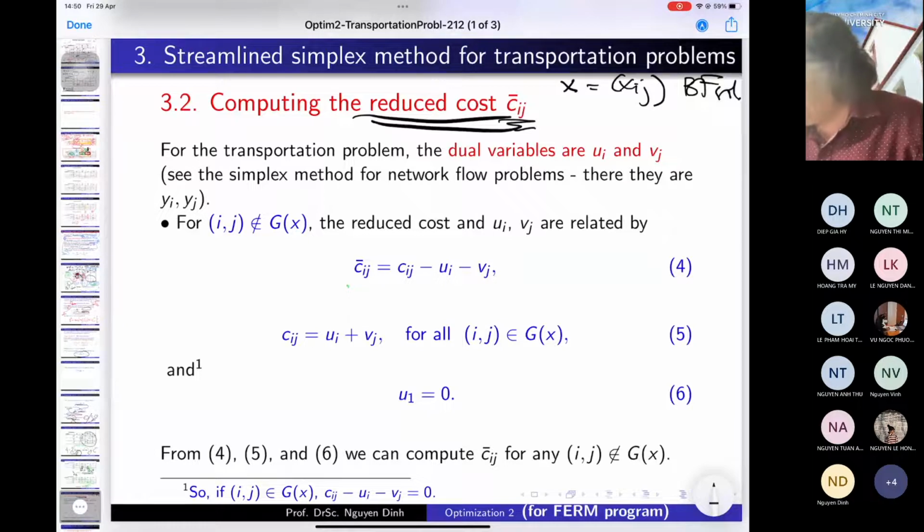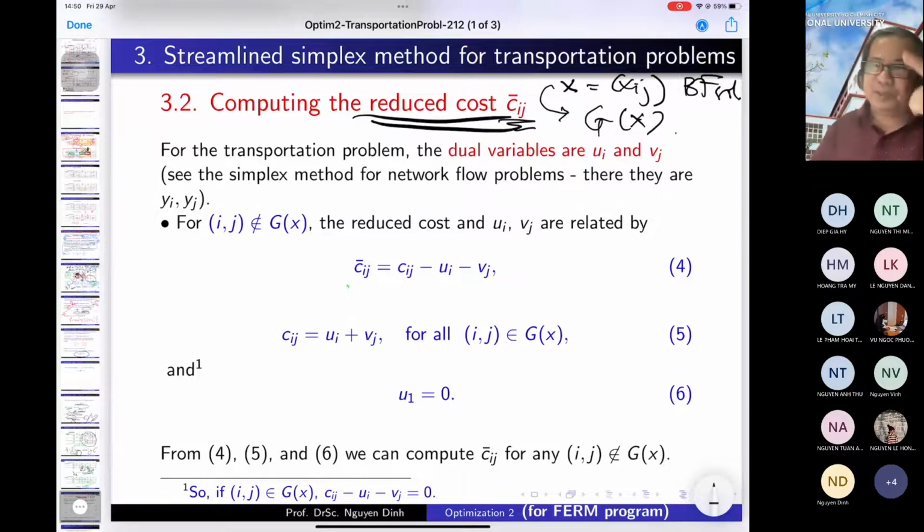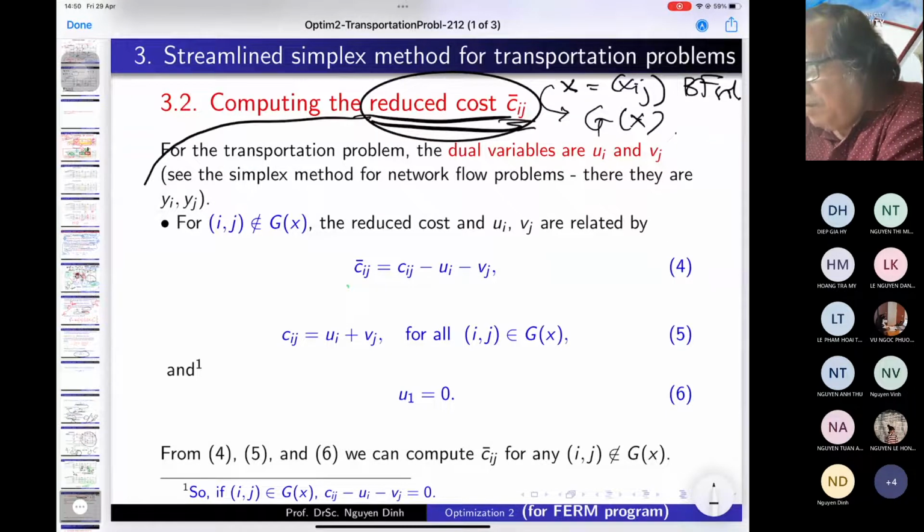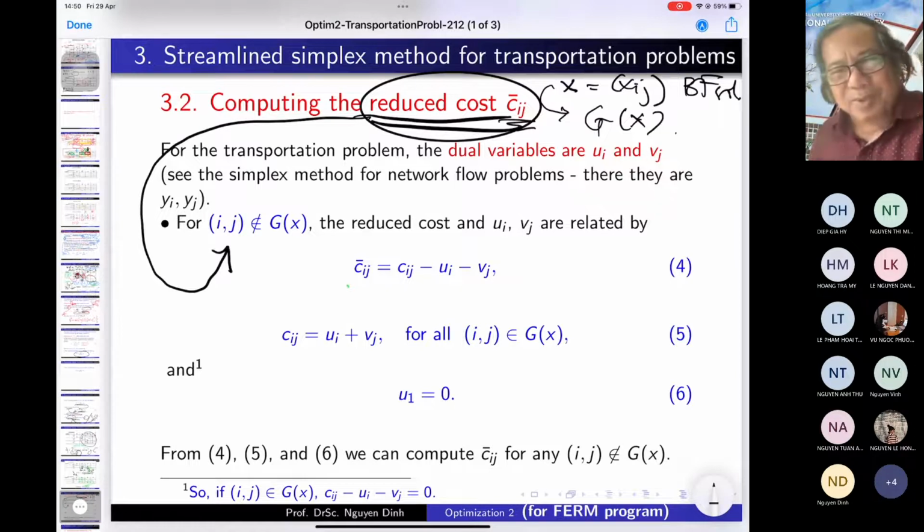And then with this one, you have the set Gx, the set of all the selected cells. There are two things. Is that okay? With this, you calculate the reduced cost C bar ij for what? You calculate C bar ij for ij which is not in Gx. You remember?